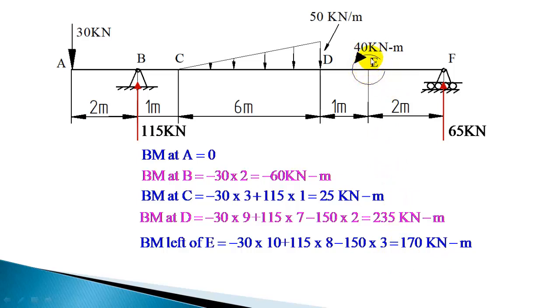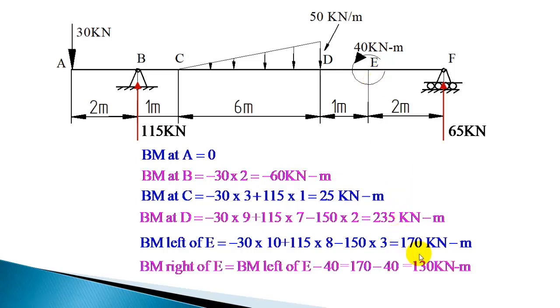That will give the bending moment right of E, that is 130 kilonewton meter. And the bending moment at F is 0. That gives the bending moment at various marked points.